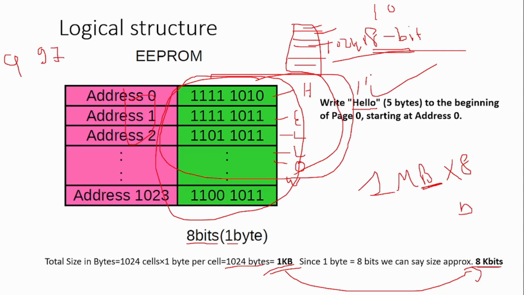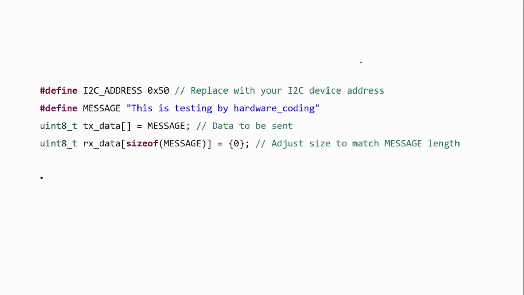So you have to make sure that whatever message you wrote in your previous run, your next message goes on incremental addresses only, not on the same address, otherwise you will lose the message. Your message will simply be overwritten. So this is the logical structure of EEPROM. Now in this video I will not configure the board and write the whole code.